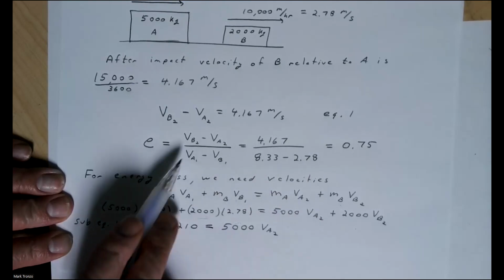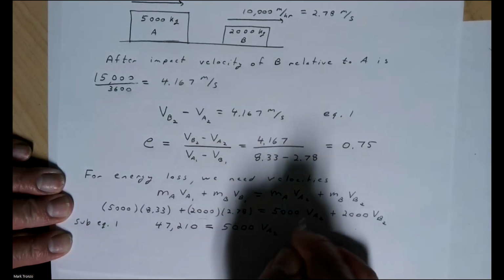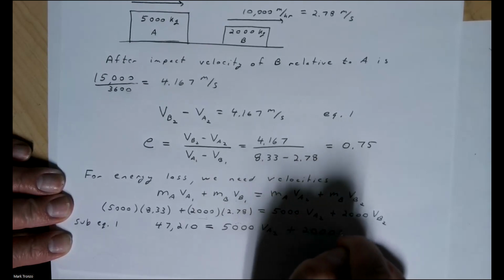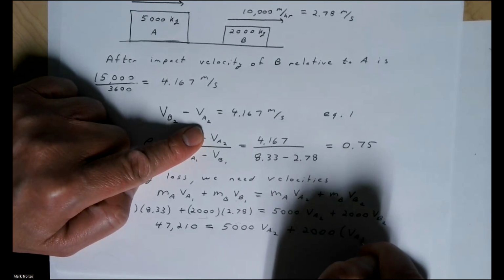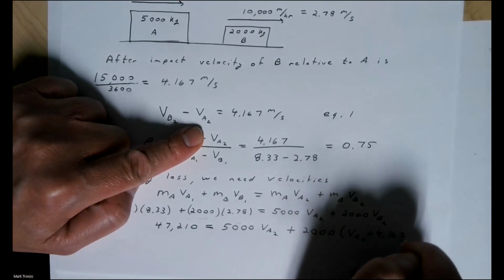Then if we substitute VB2 here, this is going to give us 2,000 times (VA2 plus 4.167).